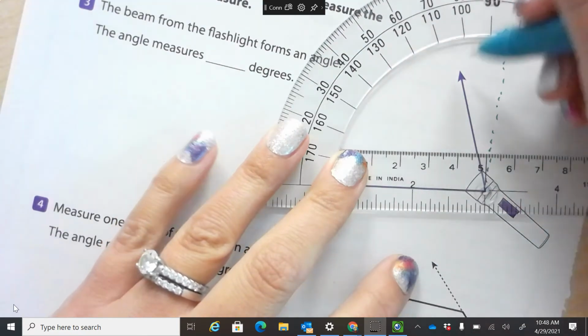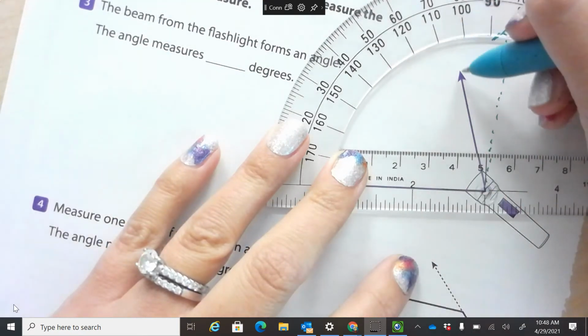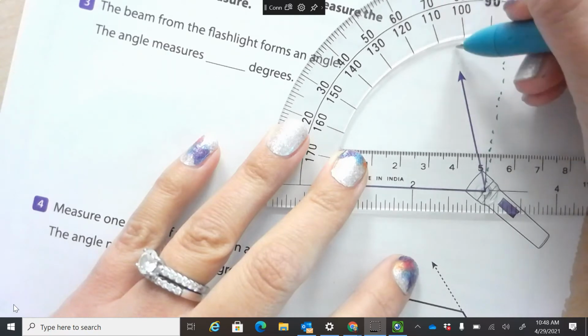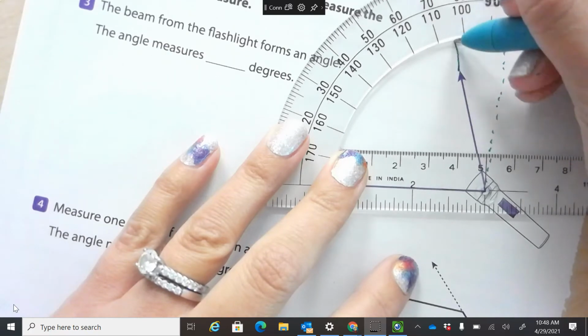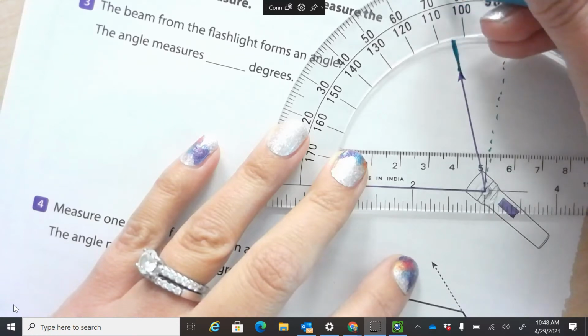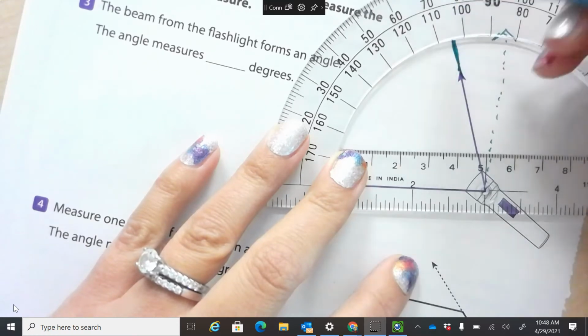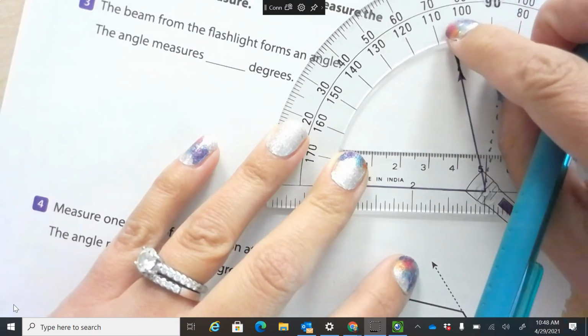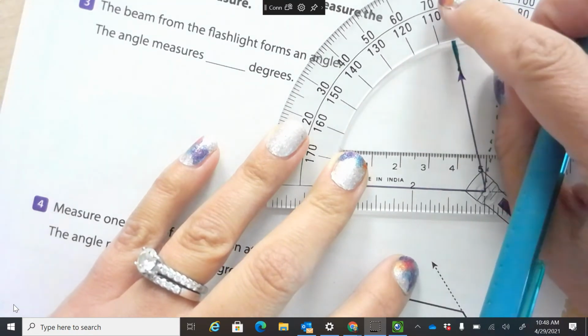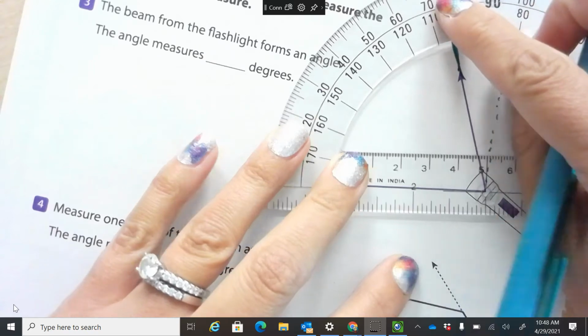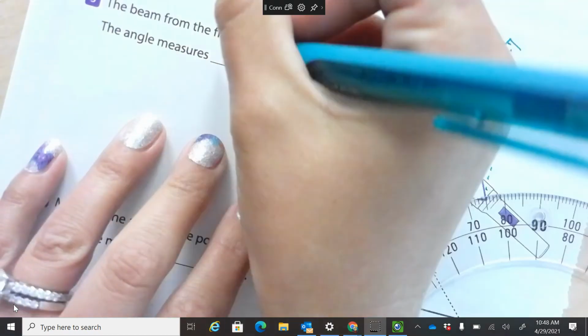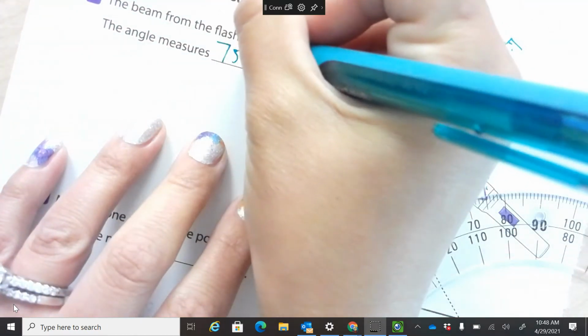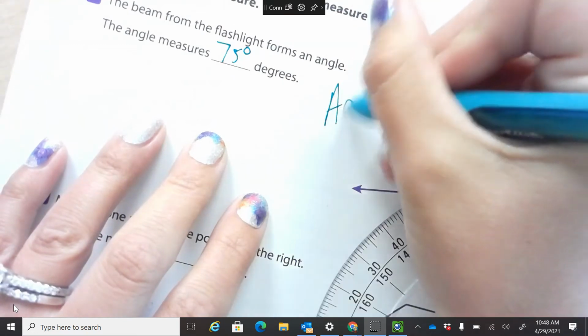And the ray of my line doesn't match, so I can draw it up to better help you, like that. And now we're looking for a number that's less than 90. So would it be 105? No, it would be 75. 75 degrees. This is an acute angle.